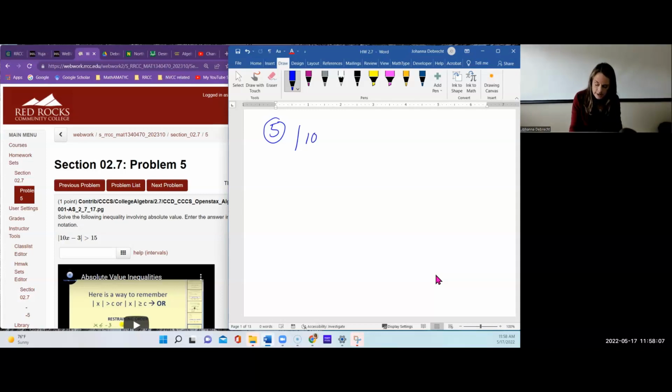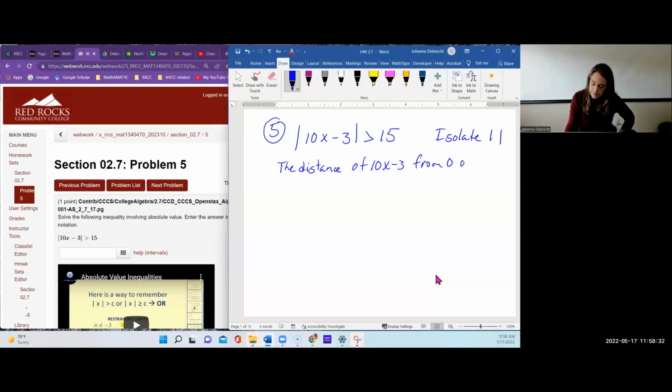Our problem here is the absolute value of 10x minus 3, the quantity, greater than 15. What does this mean? First, we isolate the absolute value. And then we interpret it as the distance of 10x minus 3 from 0 on the number line is greater than 15.